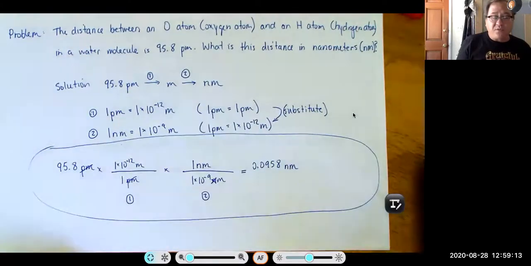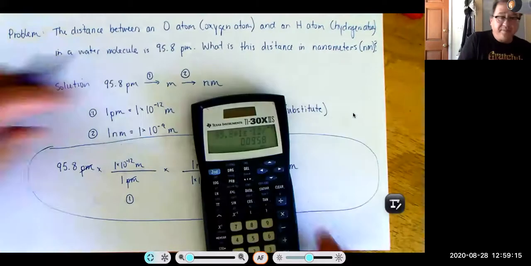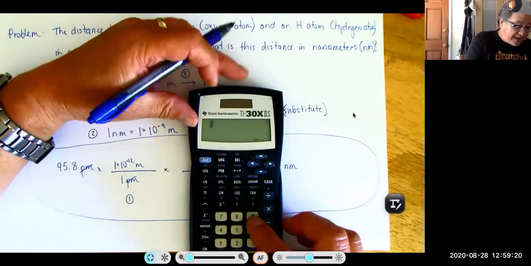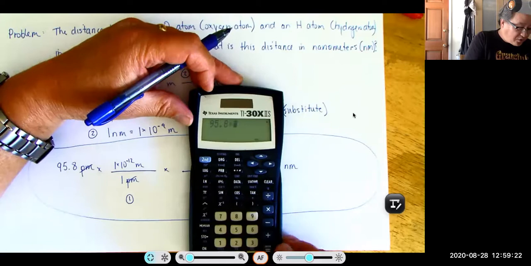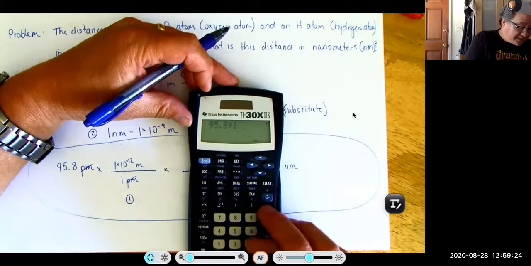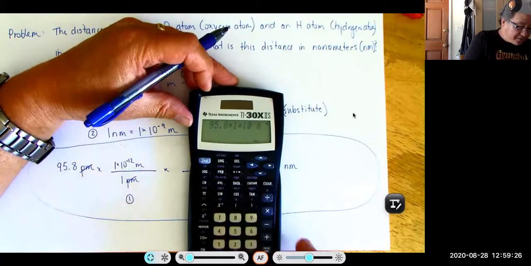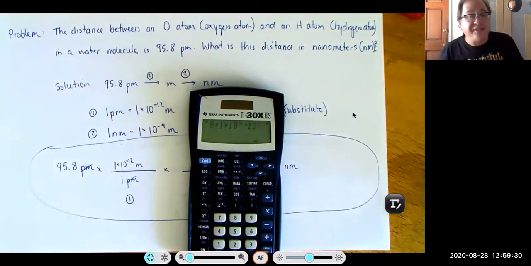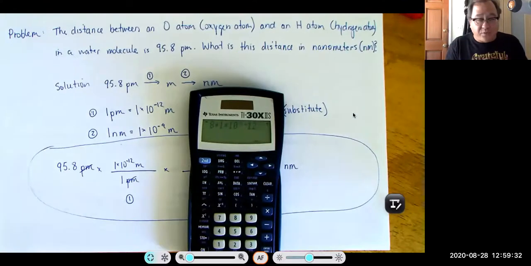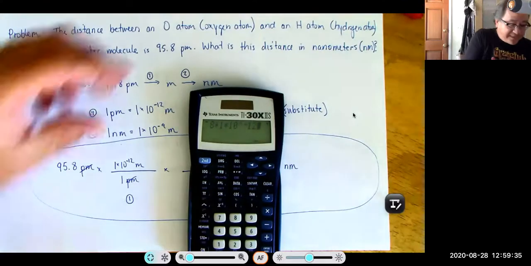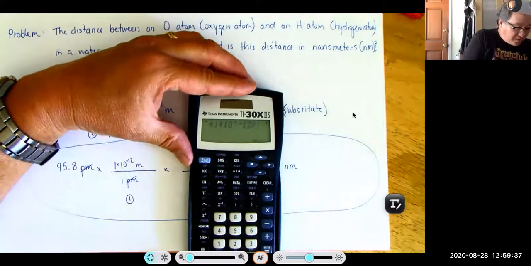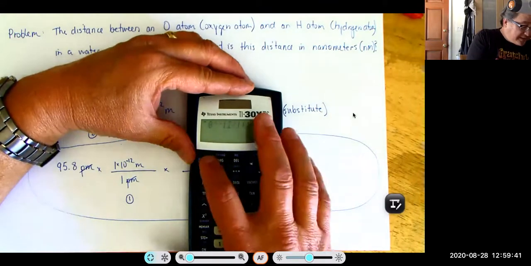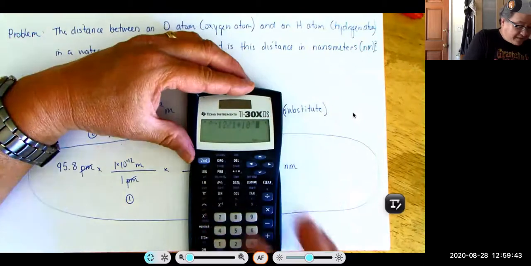So let me show you a wrong way to do this. A wrong way would be to put 95.8 times 1 times 10 to the caret negative 12. Many of you know how to do this. 10 to the minus 12 means 10 to the minus 12 divided by 1 times 10 caret negative 9.